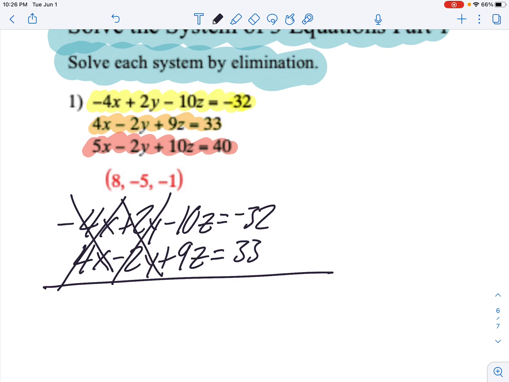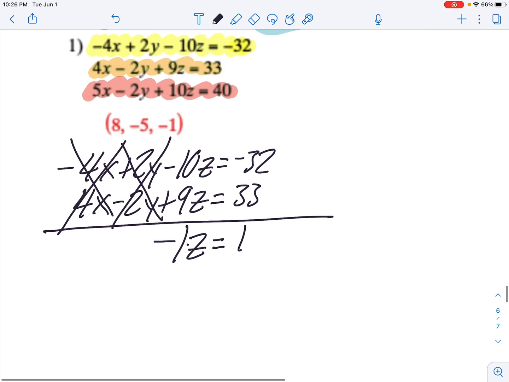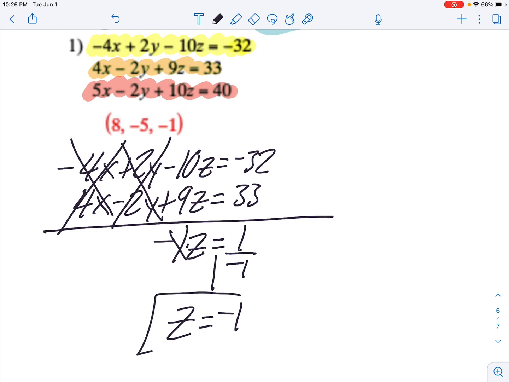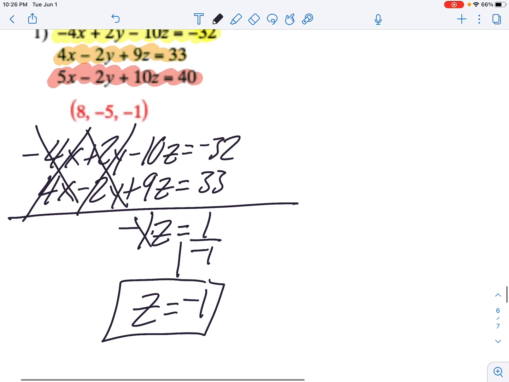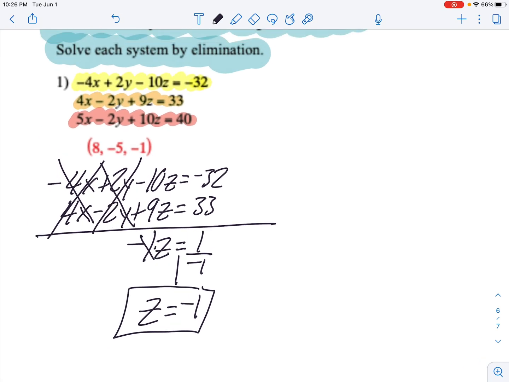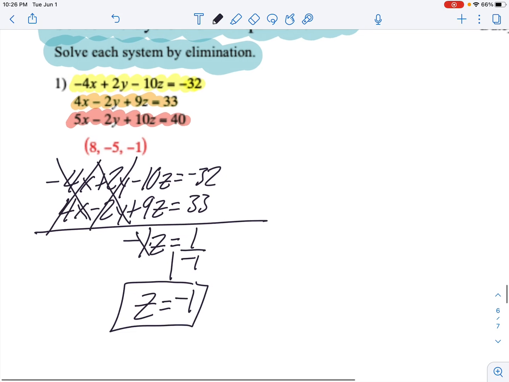So negative 10z and positive 9z is negative 1z. Negative 32 and 33 is a positive 1, but I have to divide by negative 1 here, and I get z is equal to negative 1. That's my first variable solved. So I picked yellow and orange because the twos cancel.